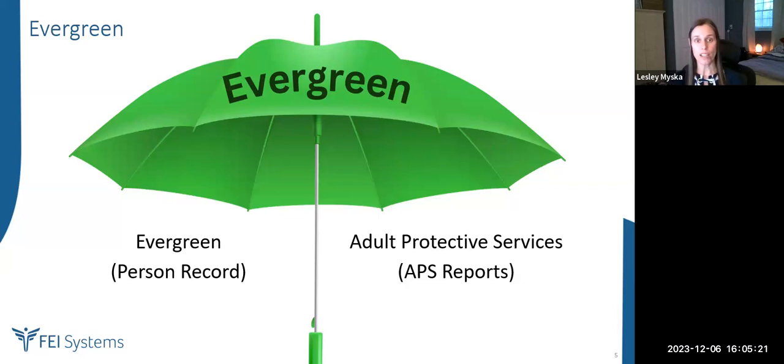It's important to understand that there are these 2 distinct sections of the site, but they share a single person record. Because it is a shared system and there's a shared Evergreen person record, the adult protective services and public guardianship conservatorship staff will have access to view the person records and the data that's captured there, and they may even be able to edit that content as well. Next slide, please, Nikki.